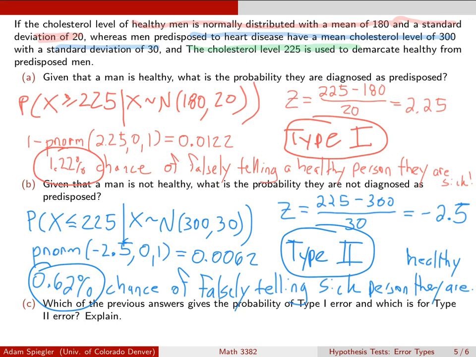But you can see how moving around the 225, changing the cutoff that demarcates whether someone is healthy or predisposed to heart disease, is going to change the odds of making a type 1 error versus a type 2 error. So you can play around with that cholesterol level cutoff in order to control how likely it is to make a type 1 versus a type 2 error.